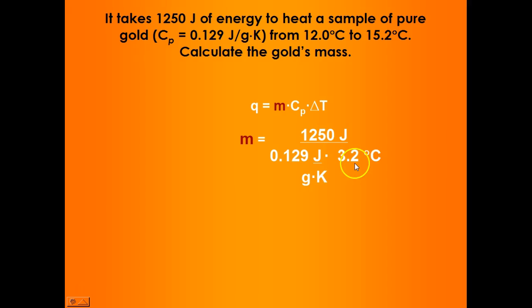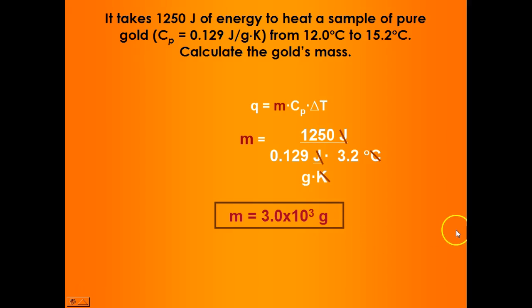We don't have to change these over to Kelvin. You can, however, if you wish. The joules cancel, the Kelvins cancel along with the Celsius, and that leaves me with 1 over grams, which would be an answer in grams. The temperature change had 2 sig figs, so that's what I want to report my answer as, 3.0 times 10 to the 3rd grams.